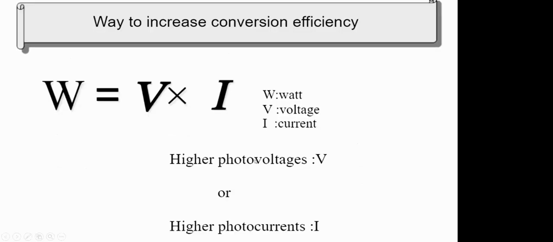And we want to increase the efficiency beyond the single cell solar cell, or beyond the theoretical efficiencies for dye sensitized solar cells. How can we increase the efficiency? It means we want to increase the conversion power. It means I need to increase the open circuit voltage of my device, or I need to increase the current. How can I increase the current?